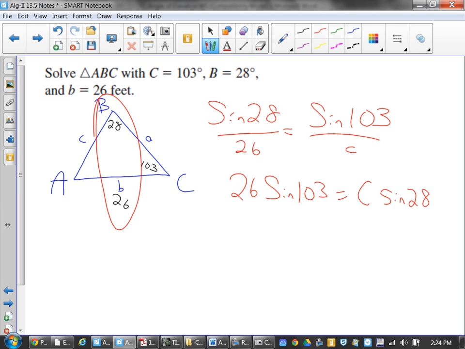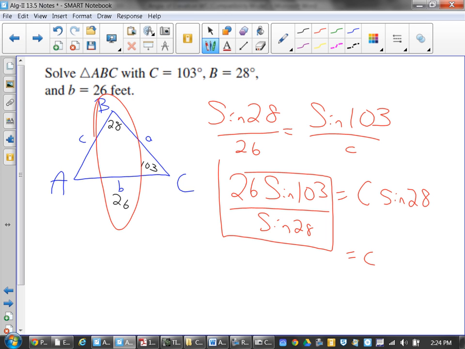Remember, the sine of 28 is just some crummy decimal, right? So how do I undo that? Good. This chunk right here is your side C. Put it directly in the calculator exactly like that.